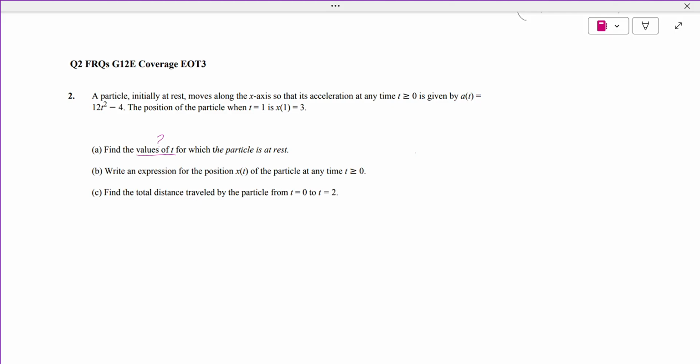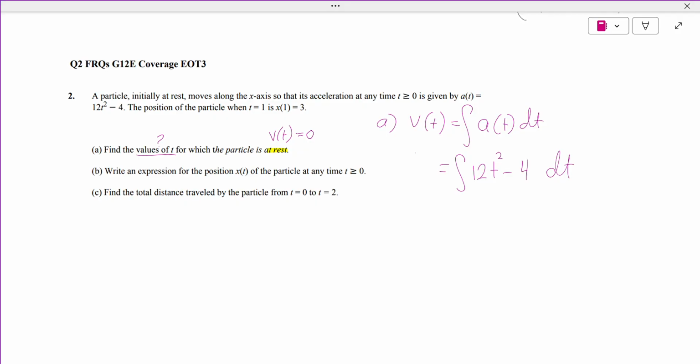So, at rest, as we agreed before, it means that v of t equals 0. But we don't have v of t, so let's try to find it. To solve part A, you must find v of t by integrating a of t dt, which will be the integral of 12t squared minus 4 dt.